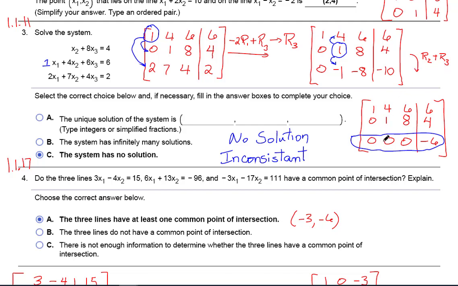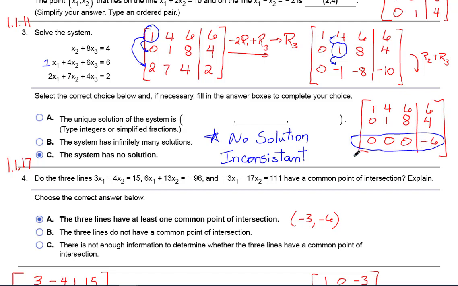Notice I get 0, 0, 0, and minus 6. So when we get a row of all zeros and something on the right is not 0, that means we have no solution and the system is inconsistent.